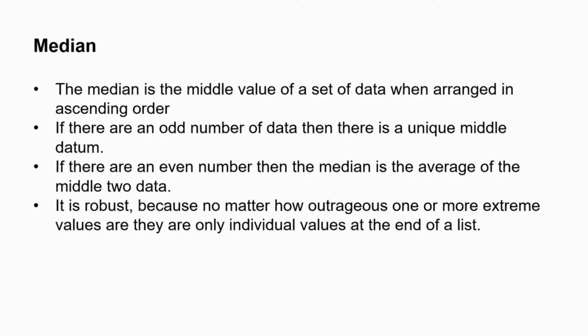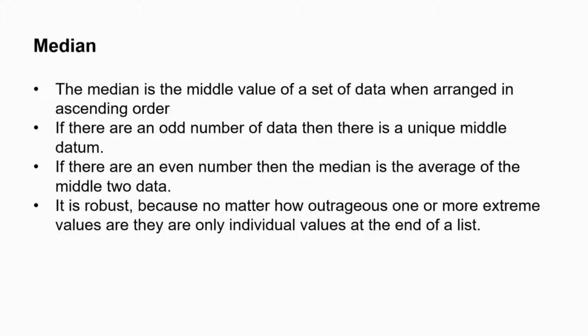Now there are two possibilities: if you have an odd number of data or an even number of data. If you have an odd number of data, that's simple: there will be just one unique middle datum, and that will be your median. If you have an even number, then you have to take the average of the two middle numbers. So this is very important.